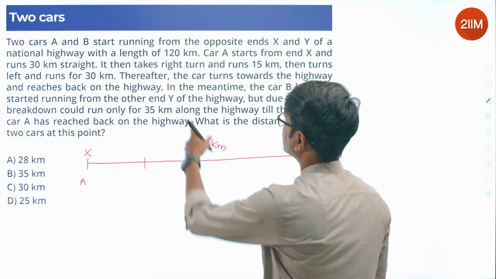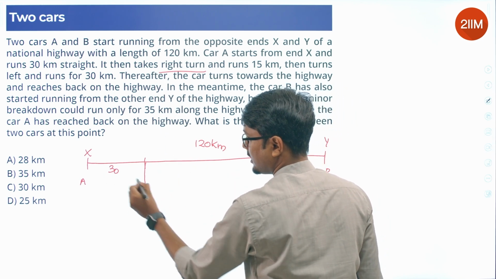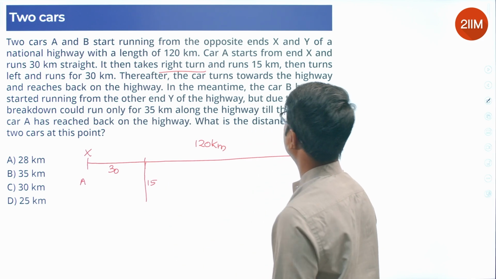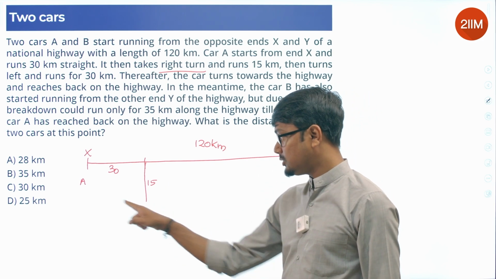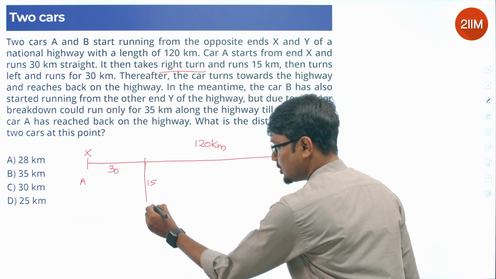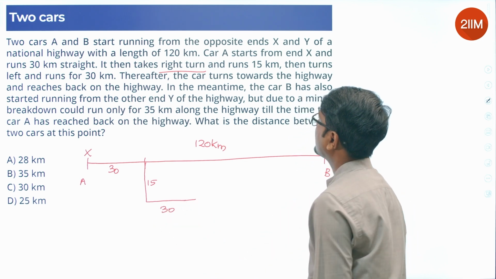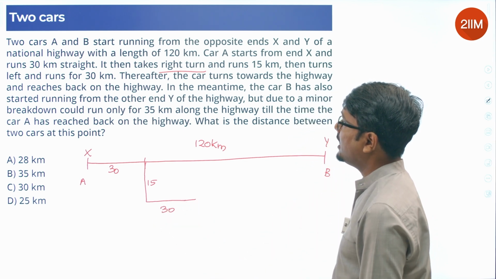15 kilometers it takes a right turn, so it should come down. So it is 30 here, it is 15 kilometers down, and then turns left. So this way would be right, this way would be left. So turning left, it runs for another 30 kilometers.